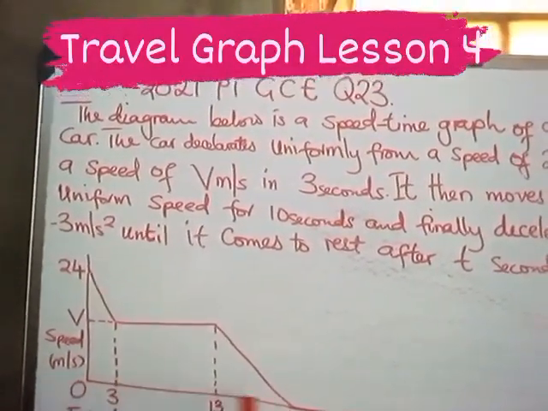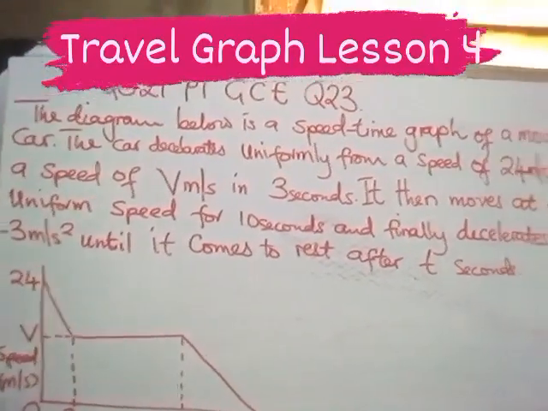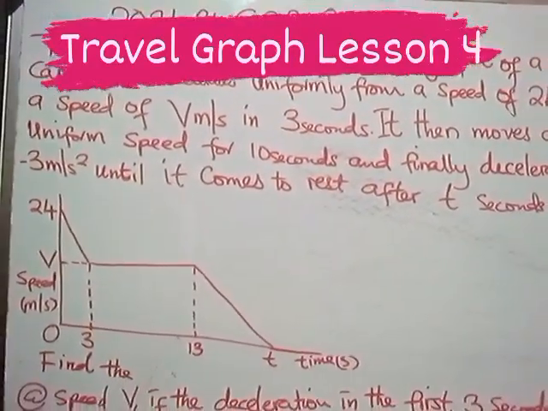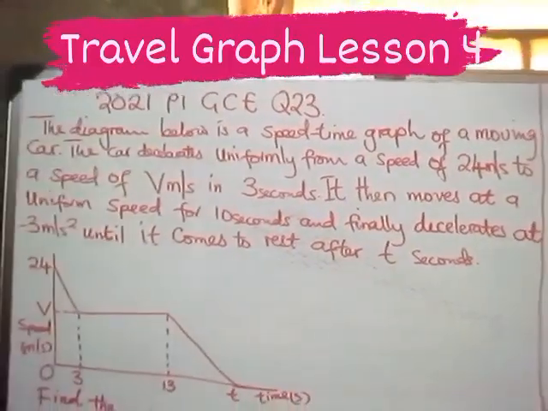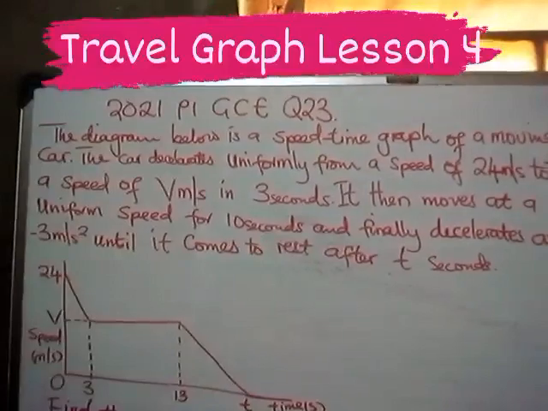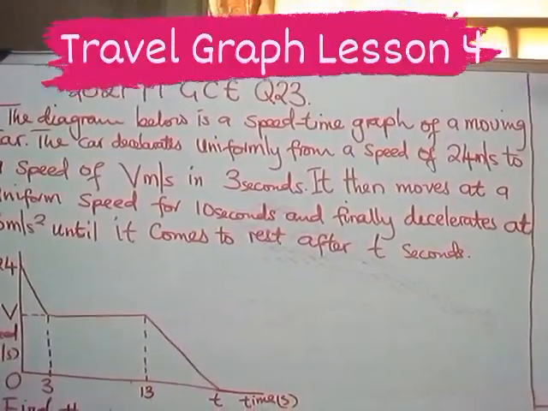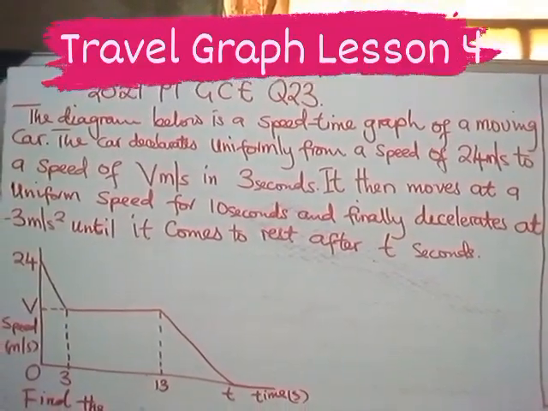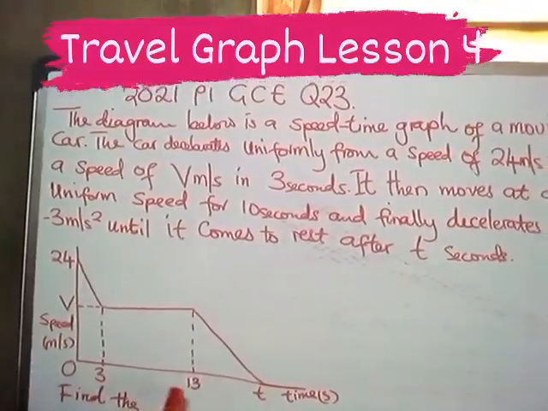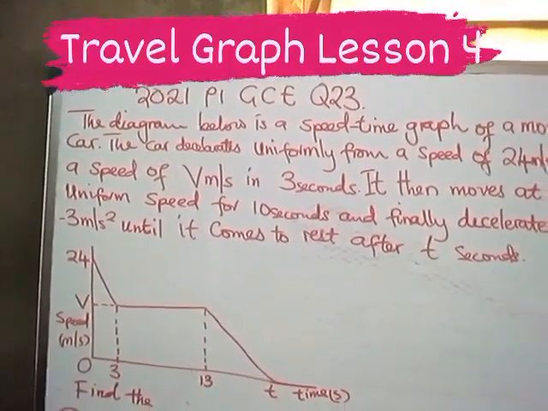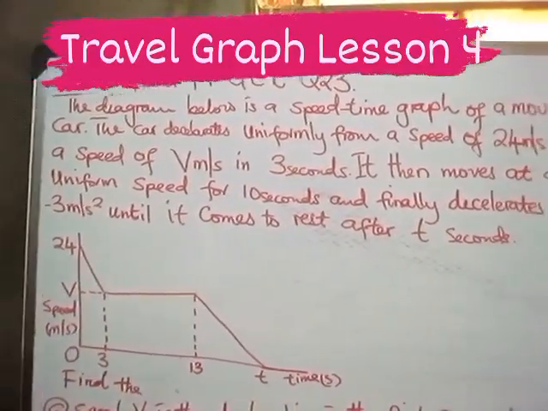So the time, as we said, is always represented by the x-axis. So the time is 3 seconds. It then moves at a uniform speed, meaning a constant speed, for 10 seconds. So we agree from 3 to 13 is 10, because 13 minus 3, the answer is 10.